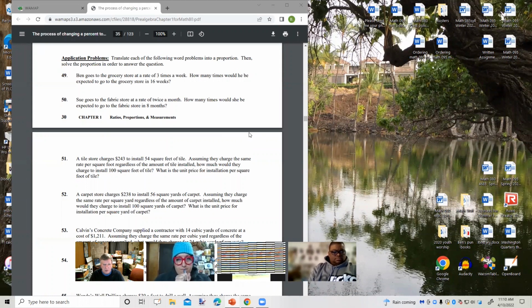Now, notice the wordage or the verbiage. It says, how many times would he be expected to? There's an assumption that we're making in all proportions, and that is that whatever's been happening at whatever rate it's been happening will continue to be happening, okay? And that isn't always true, but for the sake of solving a proportion, we make that assumption. All right, we said earlier that a proportion was 2 ratios or 2 rates that were equal to each other.